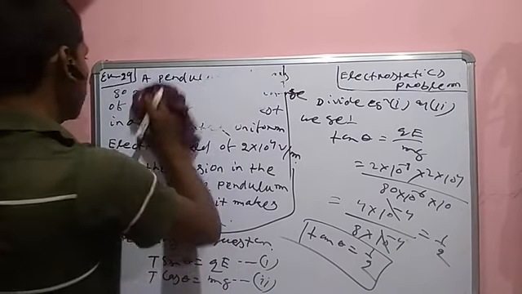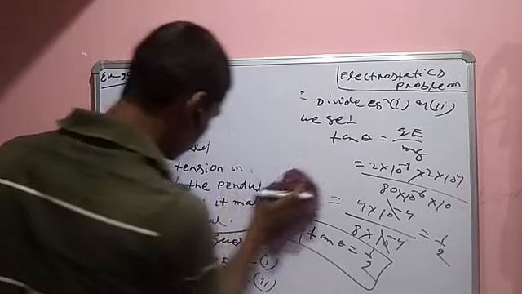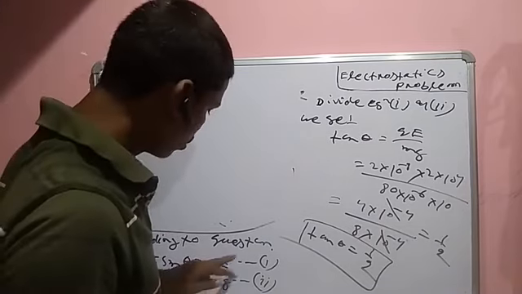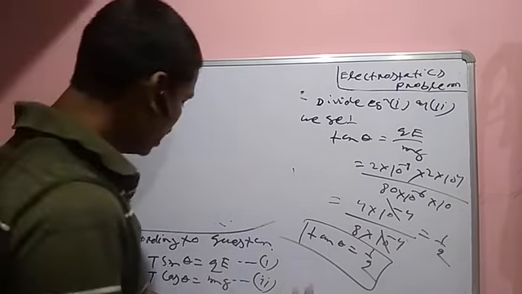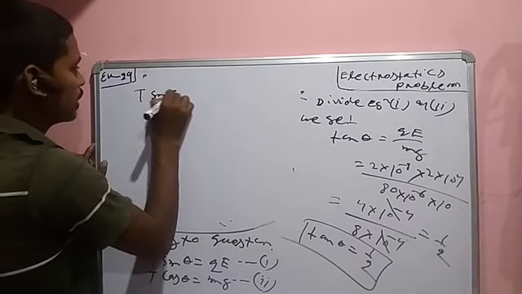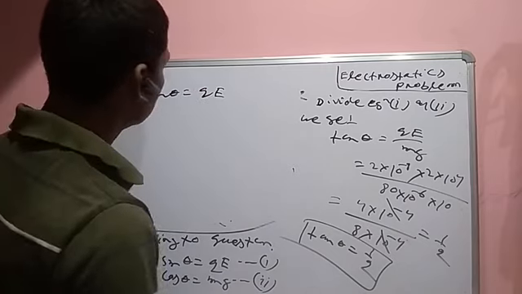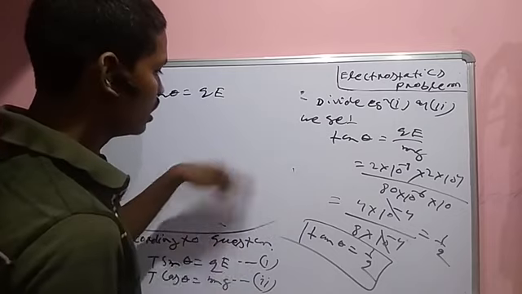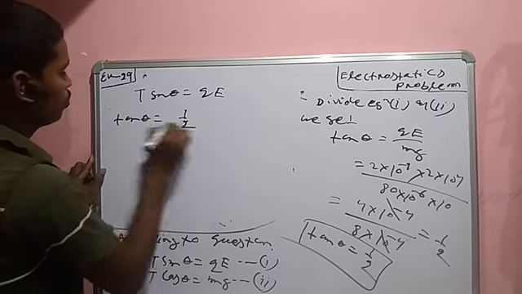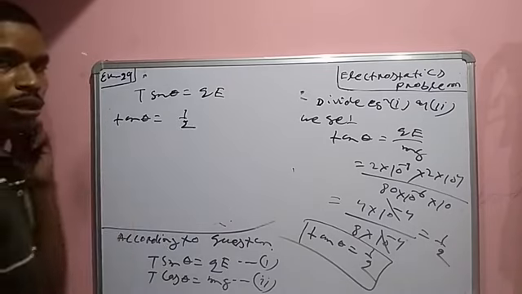Finally we have to find the value of T. Equation 1 is T sin theta is equal to QE. Since tan theta is equal to 1 by 2, theta is equal to tan inverse 1 by 2.